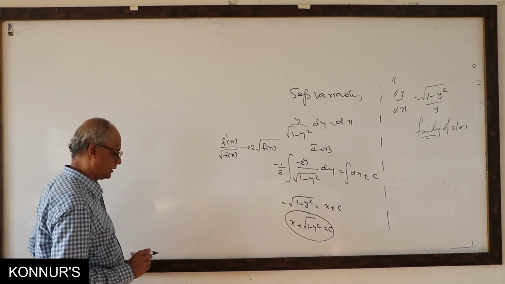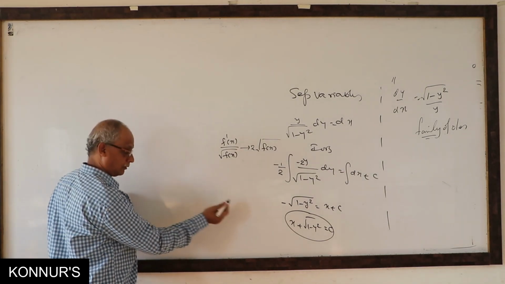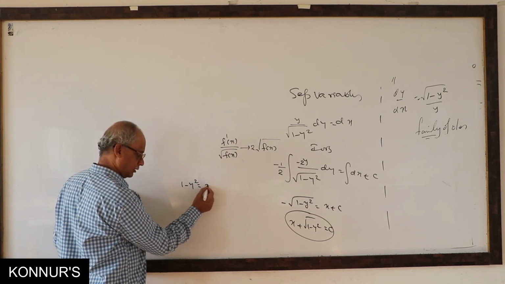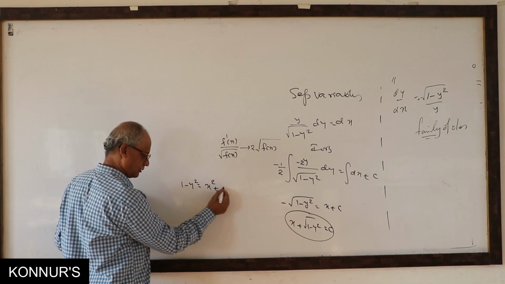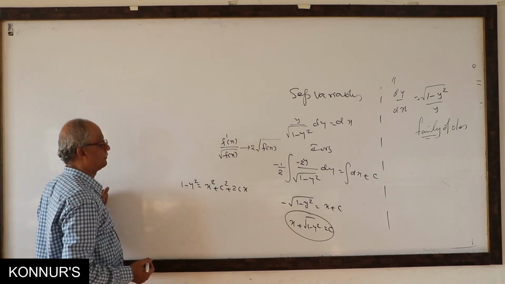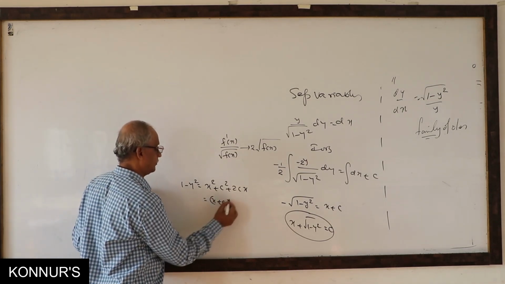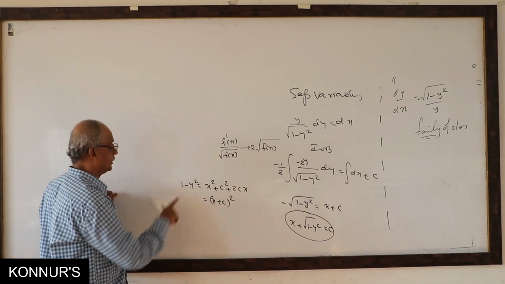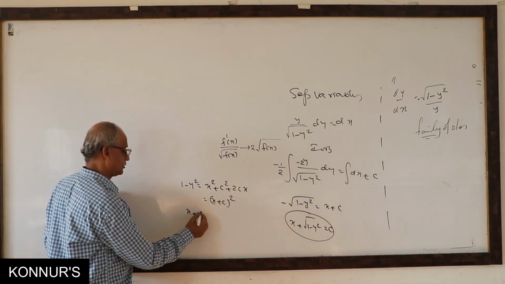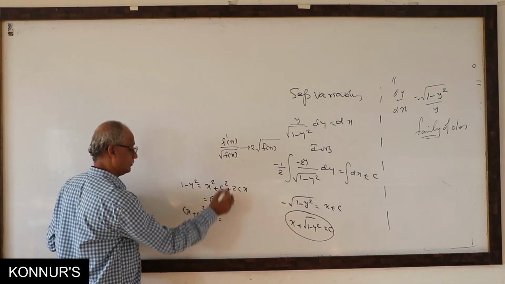Okay, so for that, squaring: 1 minus y square is equal to x plus c whole square. Or x plus c whole square only I will write. Take this there: x plus c whole square plus y square equals 1.